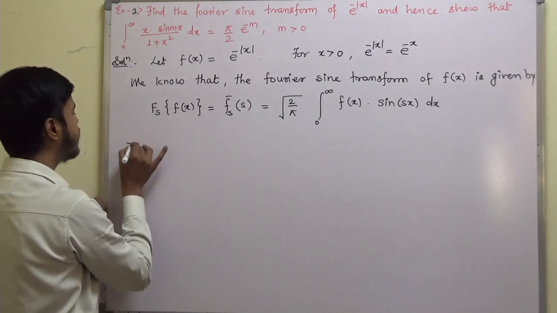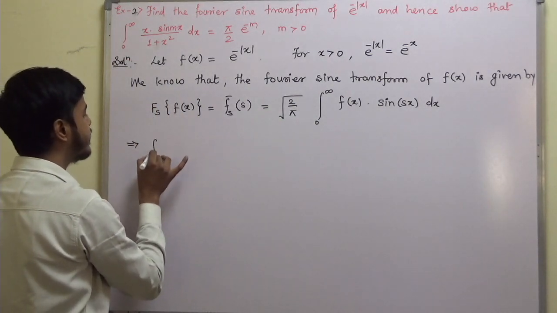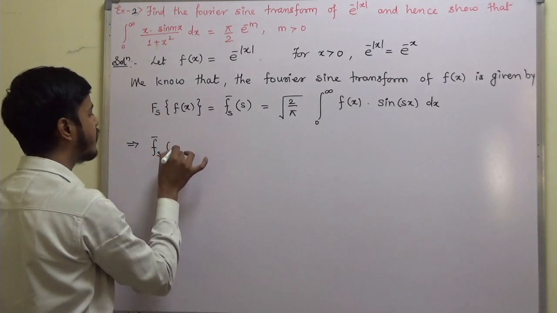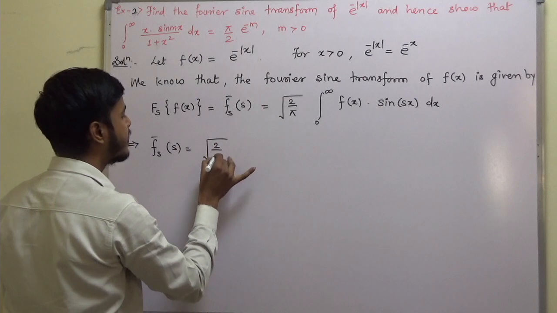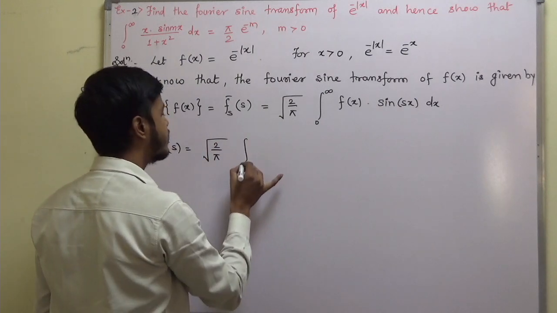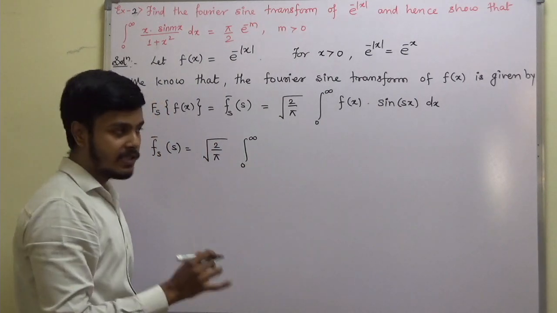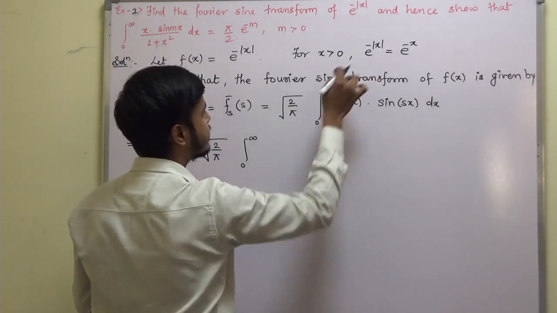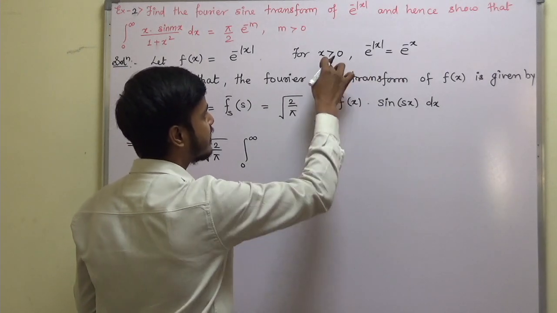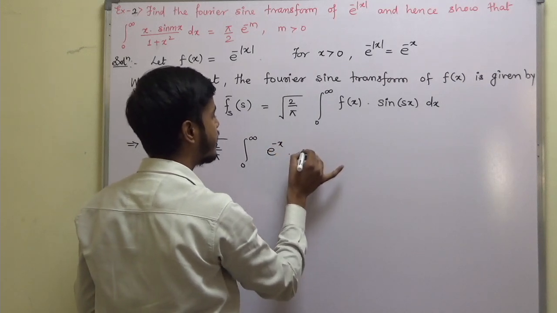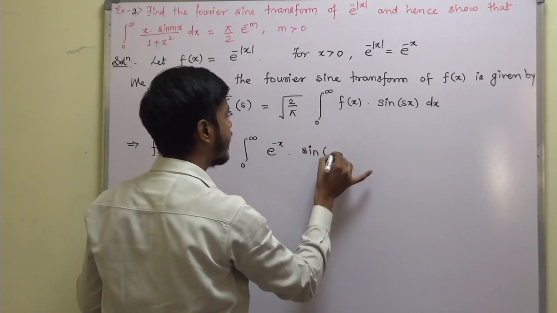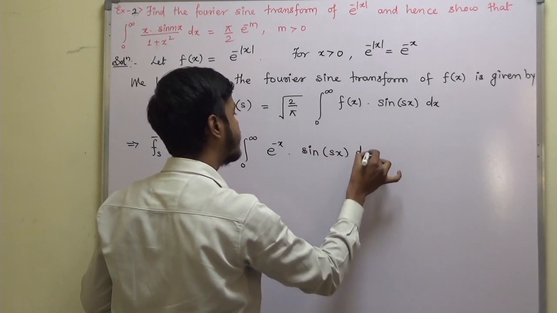Now you can substitute here and write f s bar of s is equal to under root 2 by pi integration 0 to infinity e to the power minus x into sine s of x dx.